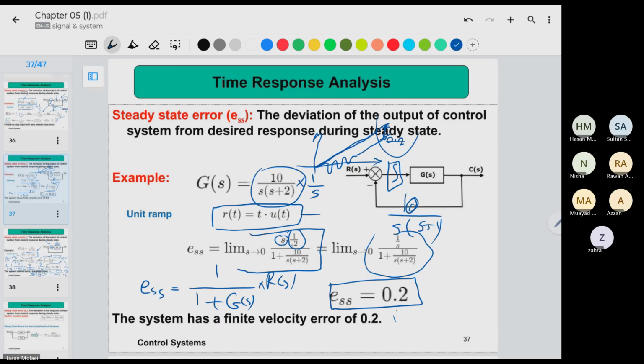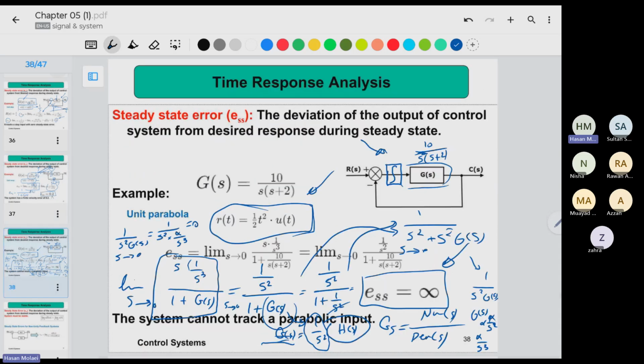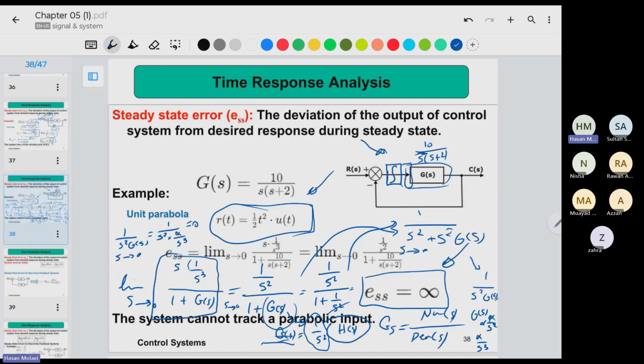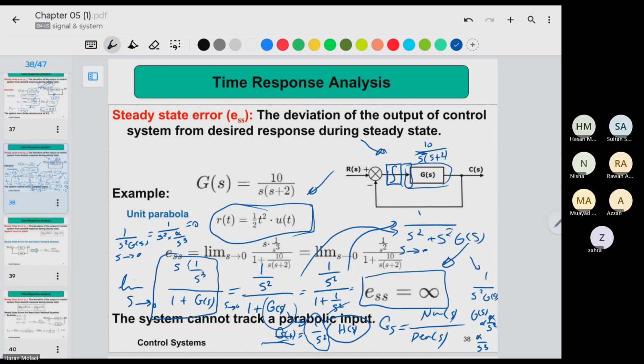And then for the parabolic or more complex signals, you need to add more integrators to really follow them. So this is just a quick solution that you can know: once you want to really reduce the error, you just add an integrator.